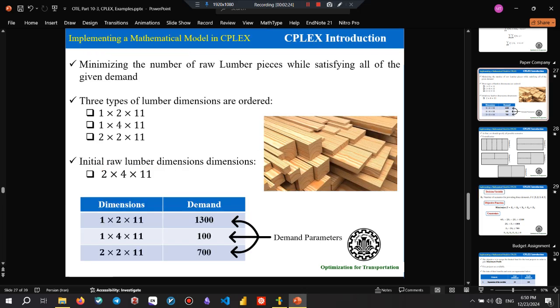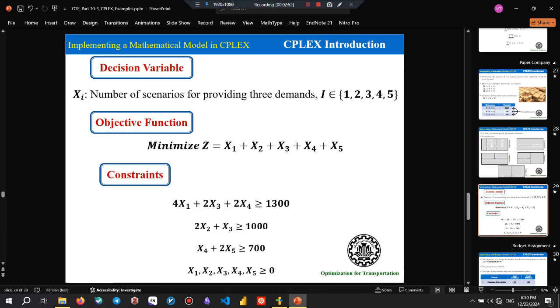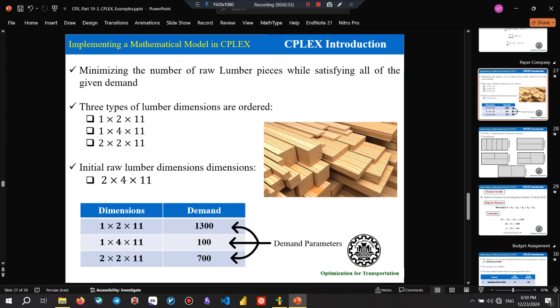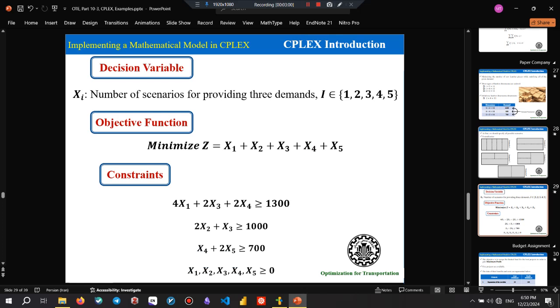But in some problems, you have to first understand the problem, which is the best way for you to use this software. In order to use this software, I recommend you first try to comprehend the problem. So in these kinds of questions, you have to first figure out your decision variable. And this one is one of those where you have to figure out the decision variable.